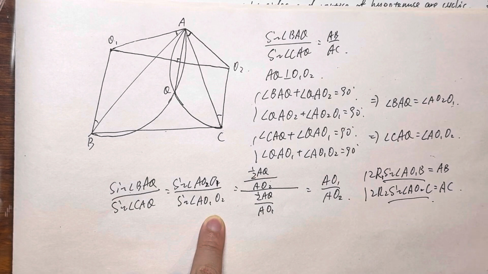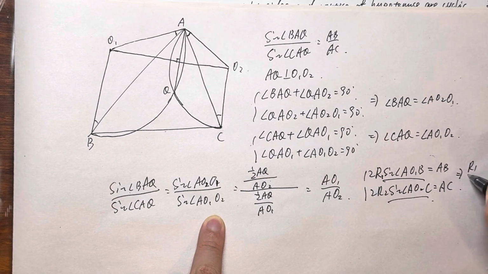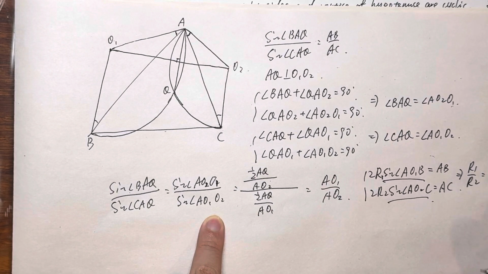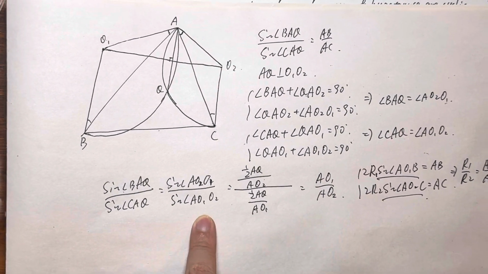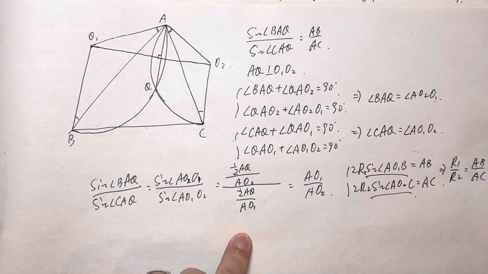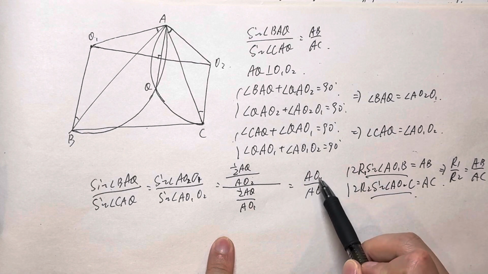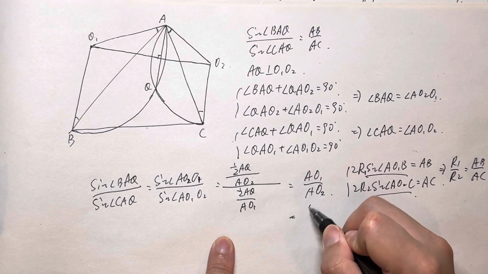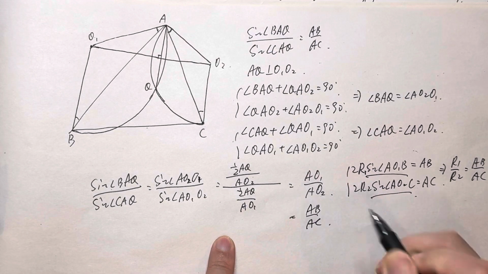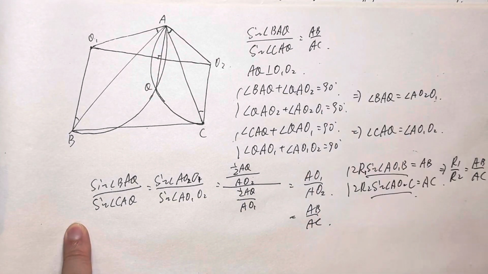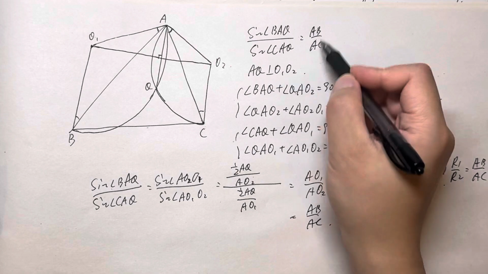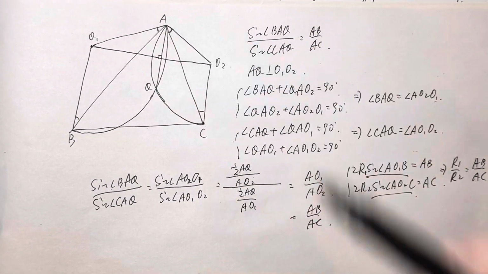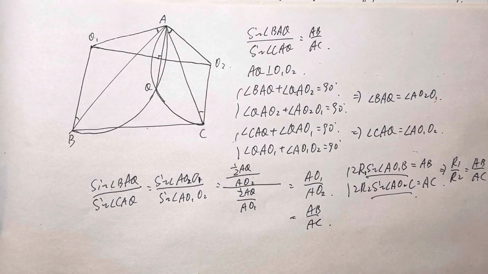These two angles are equal, which means R1 to R2 equals AB to AC. What is R1? What is R2? AO1 is R1, right? AO2 is R2, so it equals AB to AC. So we have proved this is valid, which means AQ is a conjugate median of the triangle ABC.